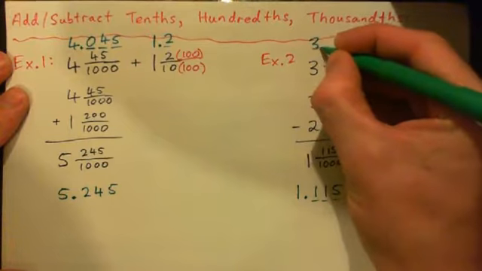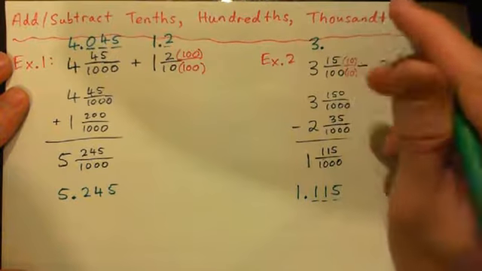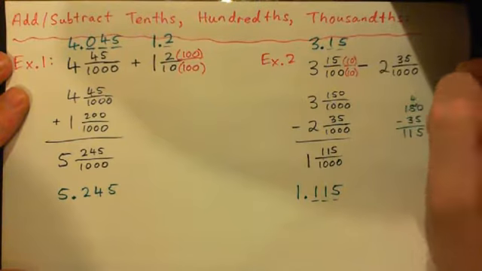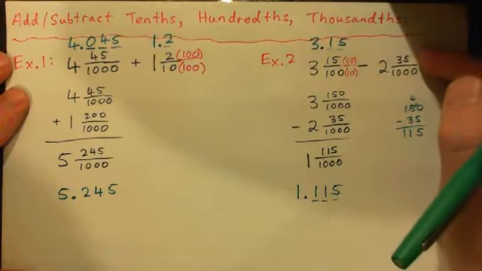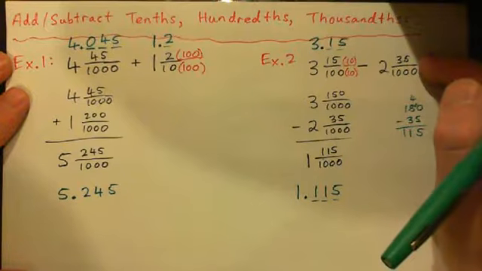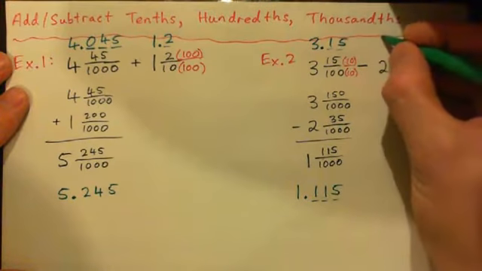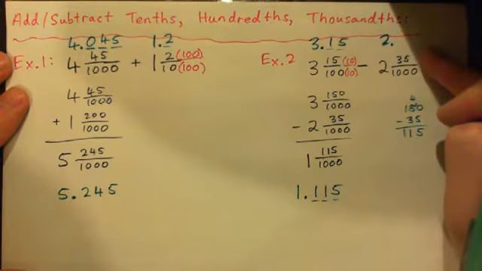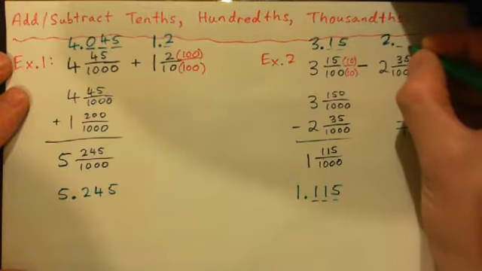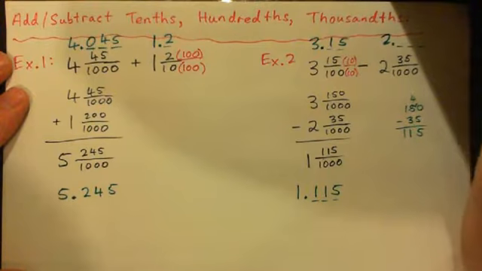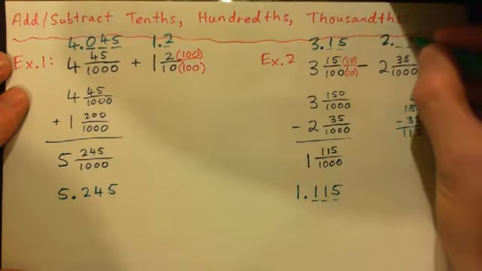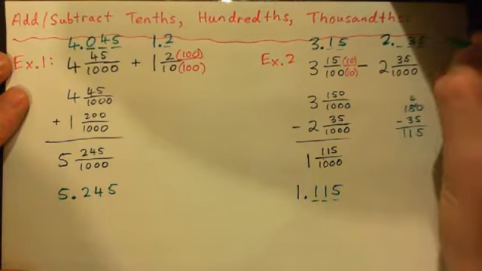It is 3 point, tenths, hundredths, 15, right? What is 2 and 35 thousandths as a decimal? 2 point, tenths, hundredths, thousandths. So if you get 35 thousandths, it's got to be 3, 5, and you put a 0 here, don't you?